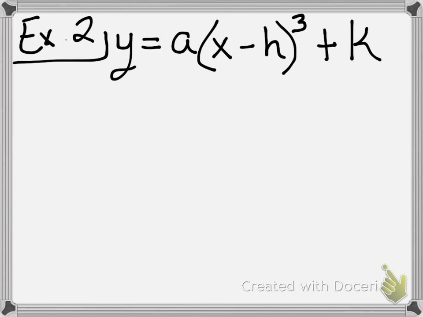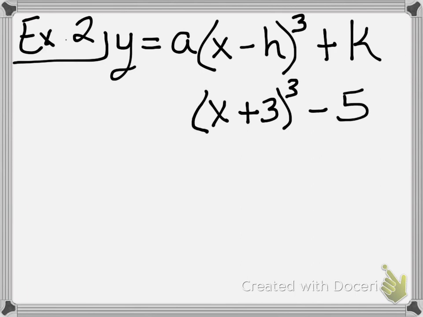So we know that center is -3, -5. So we know it's going to be x minus a -3. So we're really going to add that. And the k is a -5 there. So this is going to be our equation.